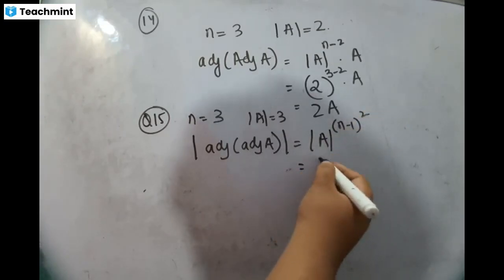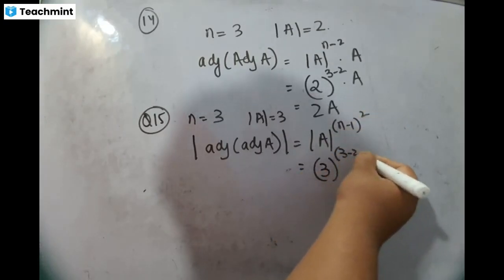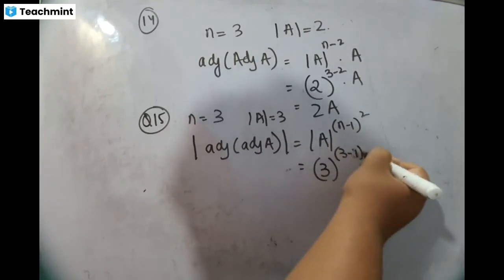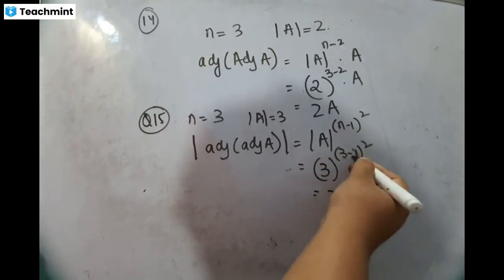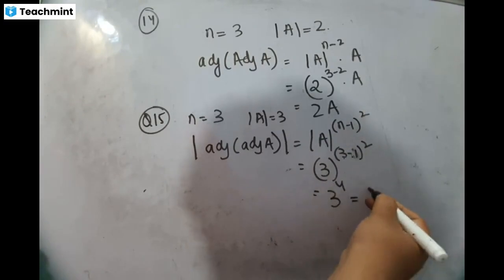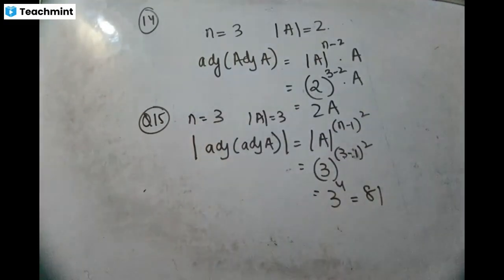So determinant A we already know is 3, power is 3 minus 1 whole square. So 3 minus 1 is 2, 2 twos are 4. So 3 four times will give us 81. So this is question number 15.